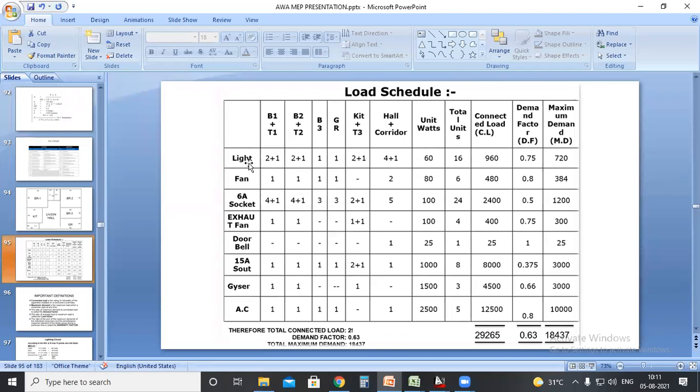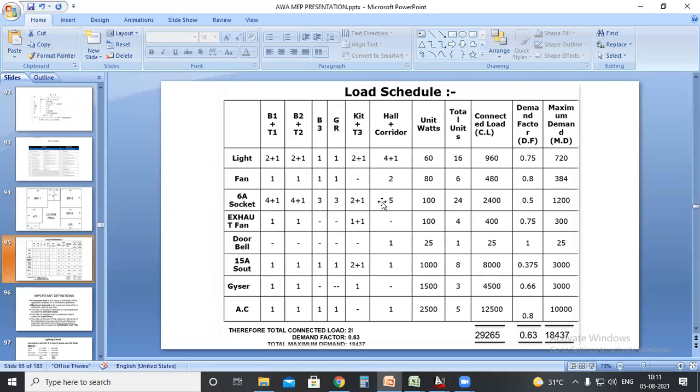How will we calculate? 60 into 3. Since there are 3 lights, you multiply 60 into 3 and get 180 watts. The next one is the ceiling fan. One ceiling fan is provided in bedroom 1 plus toilet 1, so we multiply 80 into 1. So 3 into 60 plus 80 into 1.